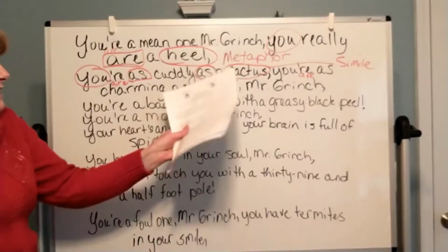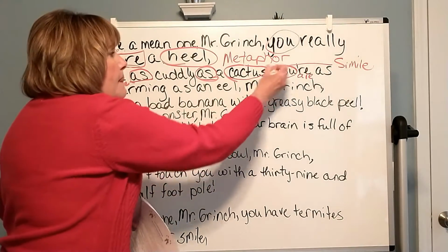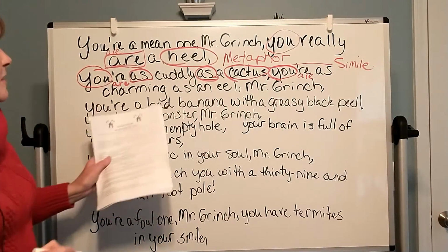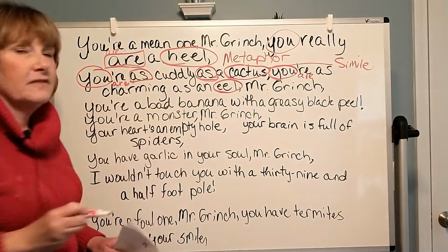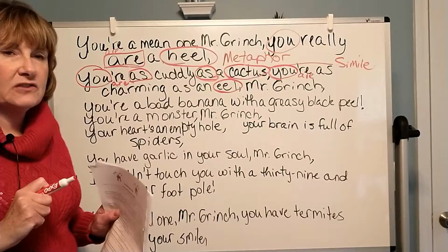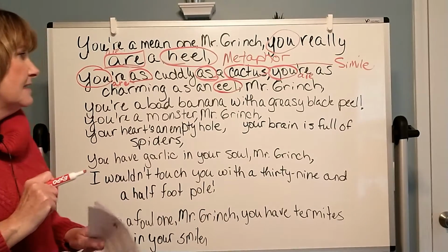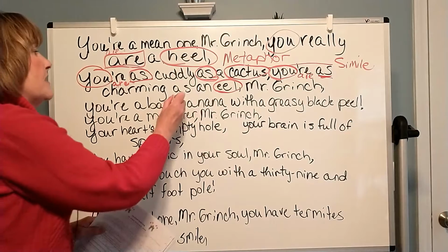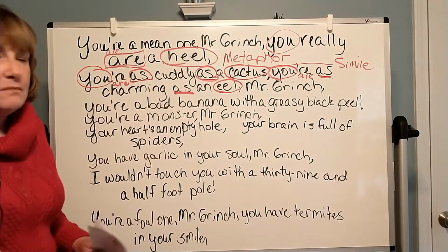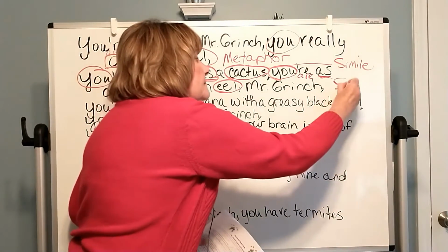So you are as charming as an eel, and we're comparing him to an eel, okay, we have a comparison. Now we have to look to see, do we have like or as? And you should be saying yes. We have as here, and we have as here, so that makes it a simile.